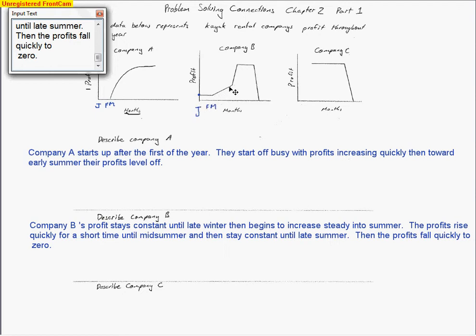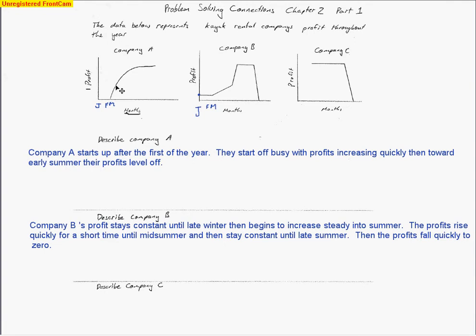And again, we're assuming that this is all the way through the end of the year. I can kind of read into it because it's a kayak company, and kayaks are typically used in the summertime, so it kind of makes sense. So you have to understand what the problem is talking about, plus a little bit about the product they're using. So let's take a look at the last one here.